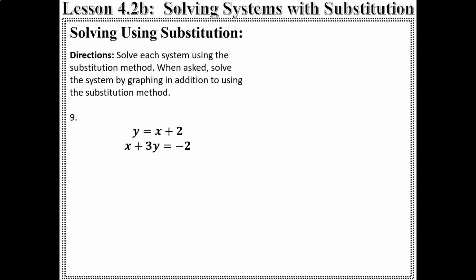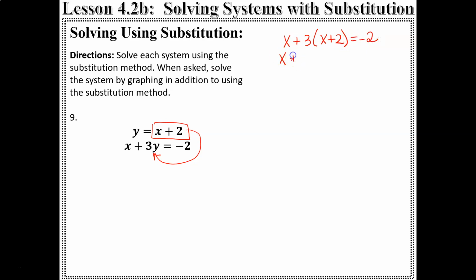number 9. So we have the y is alone, so we're going to substitute that into the second equation. So I have x plus 3, and instead of the y, I'm going to multiply it by x plus 2, which goes in parentheses, equals negative 2.